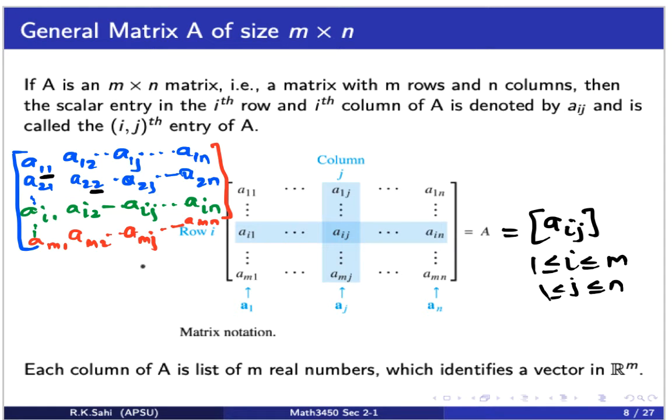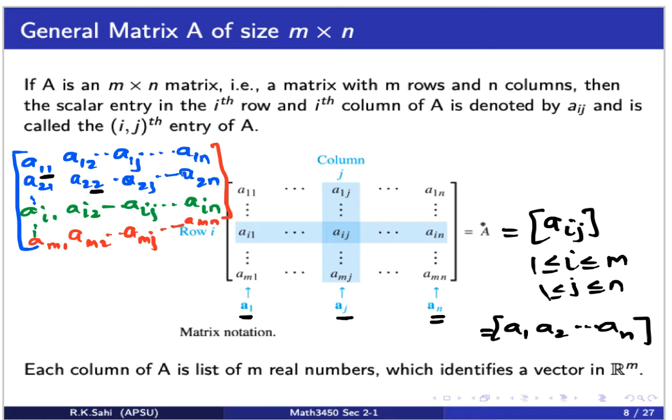Now, let's look at this matrix again. Remember, every column has further rows in it. So we can represent the whole first column by A1, the jth column by Aj, and the last column by An. So we can write this matrix A also like this: A1, A2 up to An. Now this A1 represents column 1, which has m rows in it.